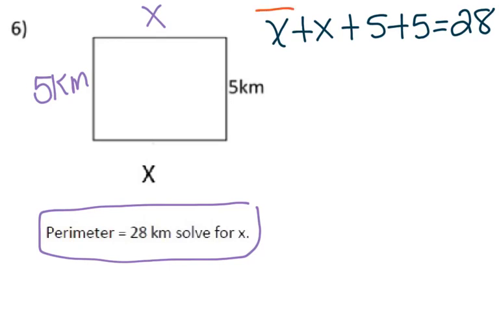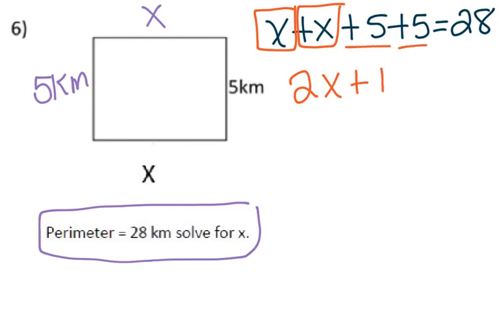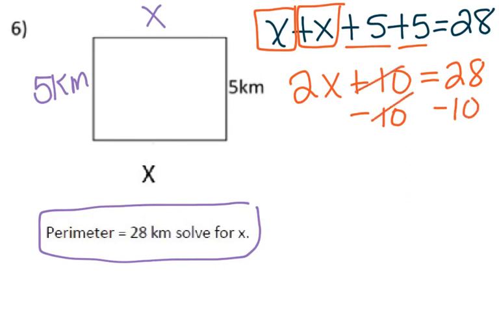And then we combine our like terms. We have X and X. So that's 2X plus 5 plus 5 is 10 equals 28. To solve this, I'm going to subtract 10 from both sides. These will cancel. We get 2X equals 14.